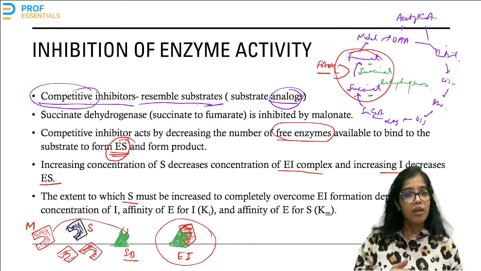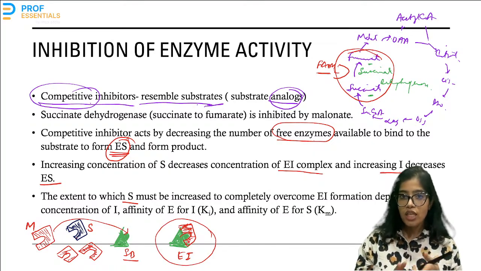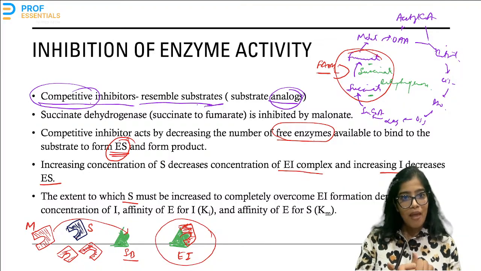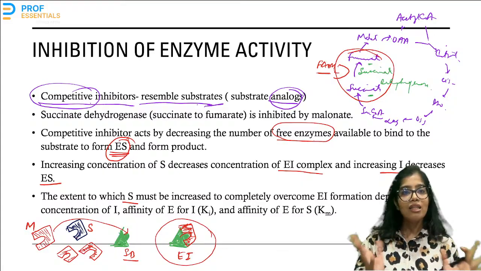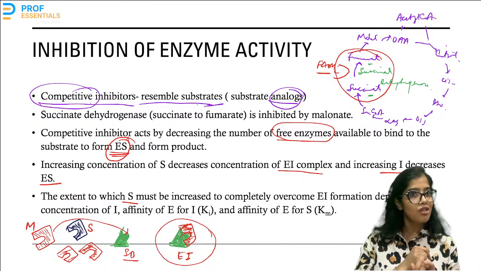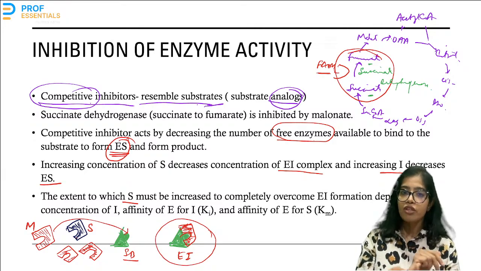That will depend upon how much the enzyme loves the inhibitor, how much the enzyme loves the substrate, and how much is the concentration of the inhibitor. So this is a game of the concentration of the inhibitor versus the concentration of the substrate, and the affinity of the enzyme for the substrate versus the affinity of the enzyme for the inhibitor.